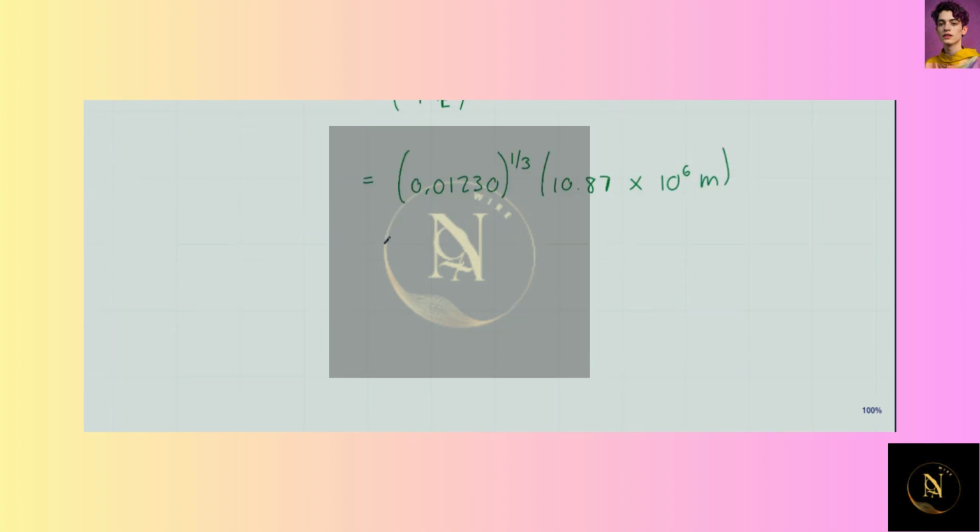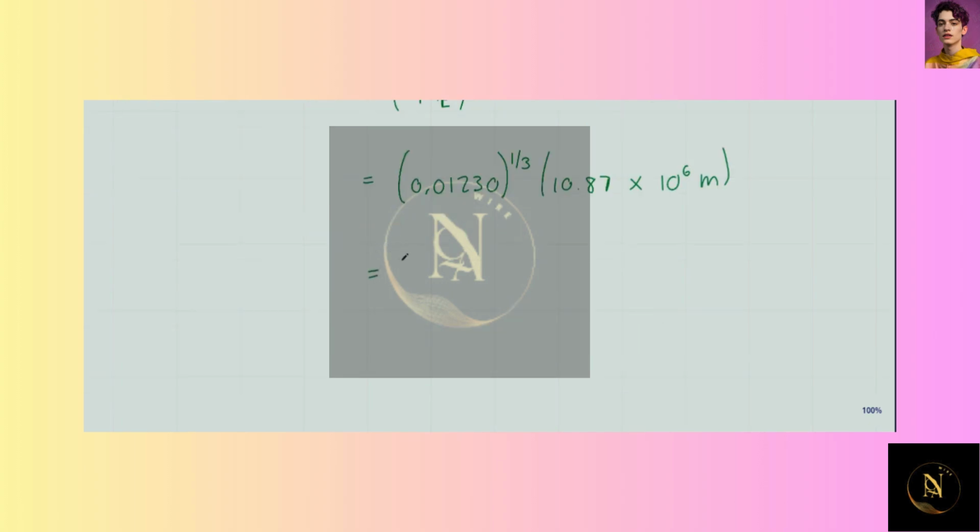And so this, when we plug in our values, gives us 0.01230 to the power 1/3 times r_E, which is 10.87 times 10 to the 6 meters.